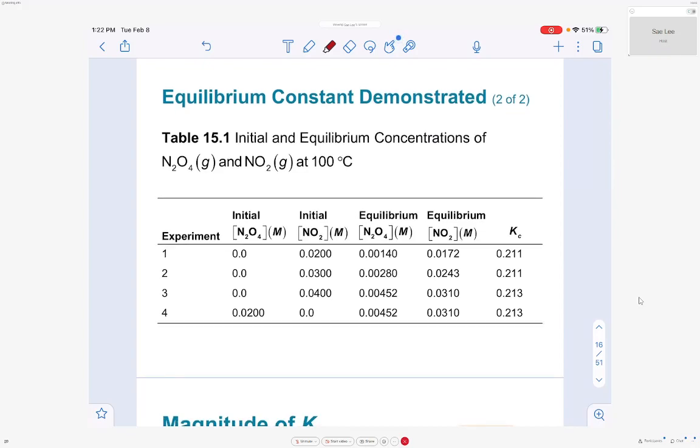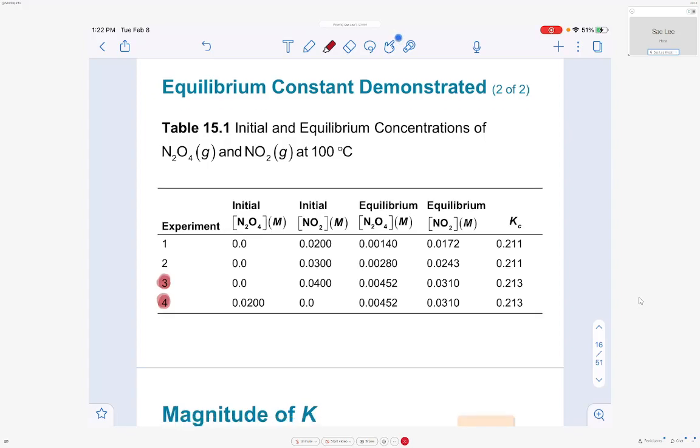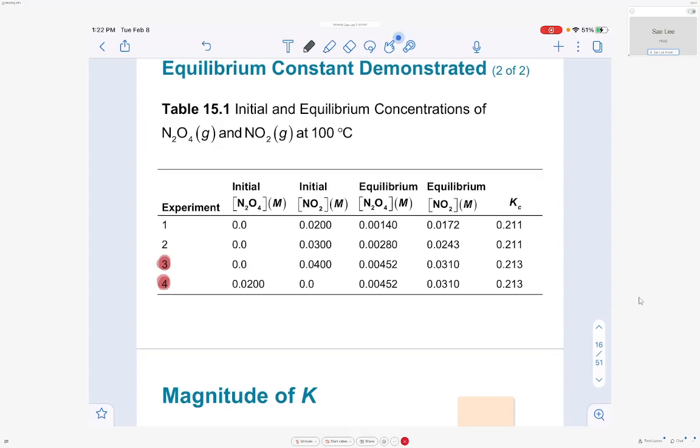This table summarizes experiment data from 4 different experiments, but the graph from the previous slide was from experiments 3 and 4. There are 2 things to note from this table.